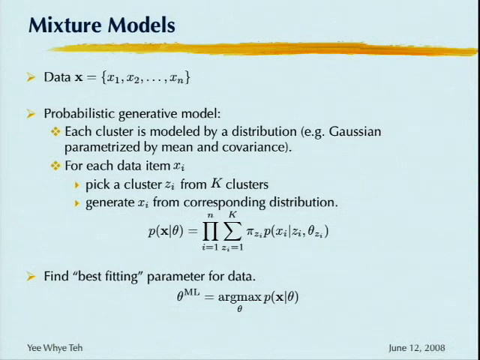In the case of mixture models, you assume that the data set is generated as follows. For every data point, you pick a cluster from some distribution over clusters, and then given the cluster which the data point belongs to, you generate the actual data point itself based on some distribution that describes the cluster.